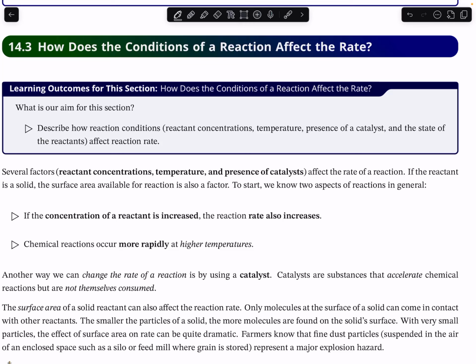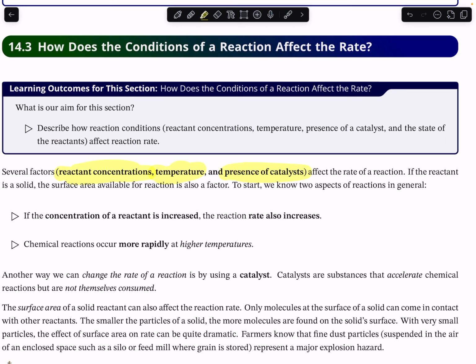So there are a couple things that we can vary, and we've already mentioned it in the prelude, and that is, of course, reactant concentrations, temperature, and the presence of a catalyst, and also technically the phase in which a reaction can take place. But the ones that we will look at specifically are reactant concentrations, temperature, and the presence of a catalyst.